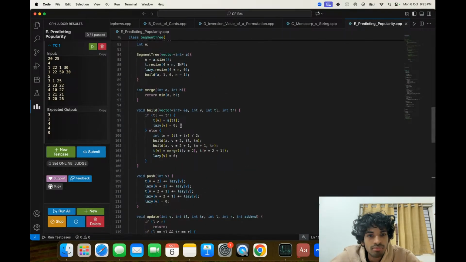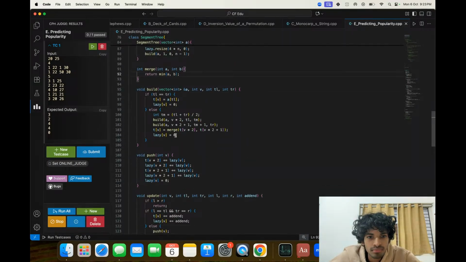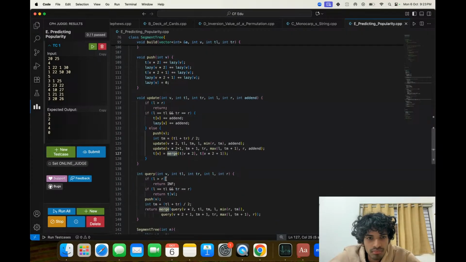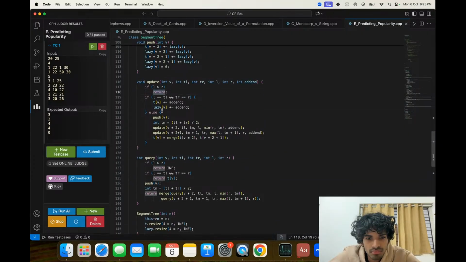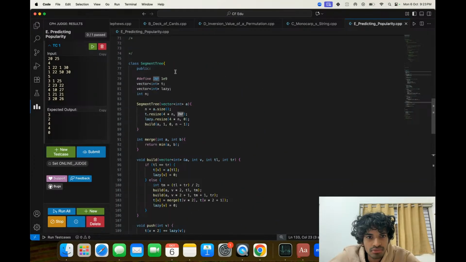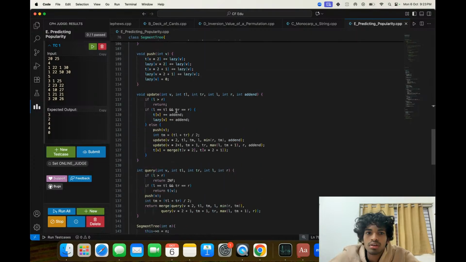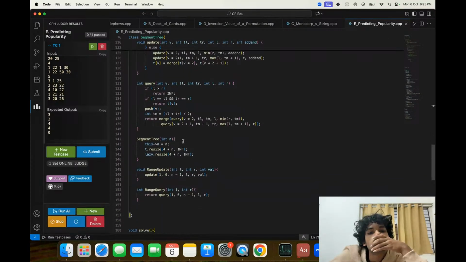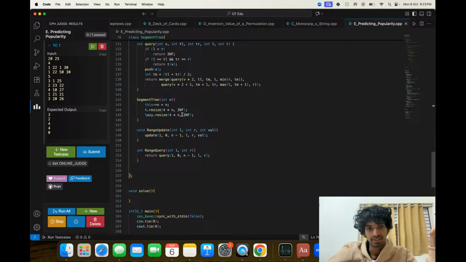Okay, here we have minimum. And what is inf? Okay, we have a segment tree.